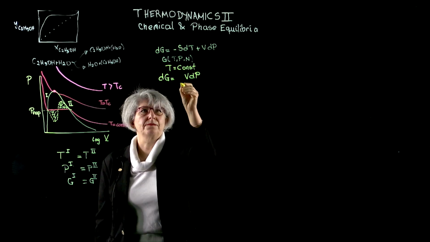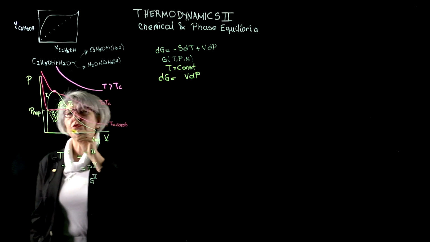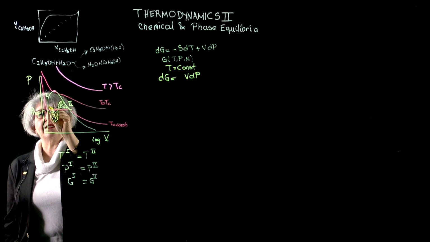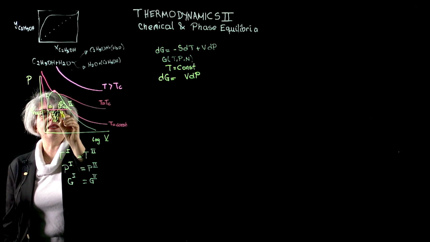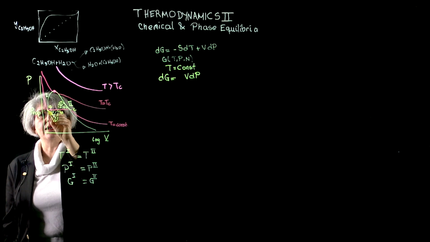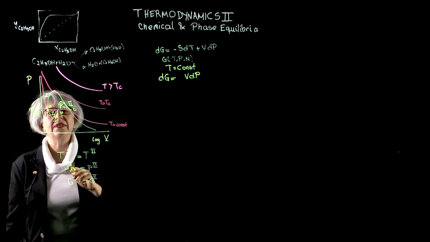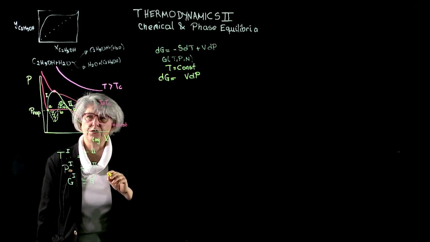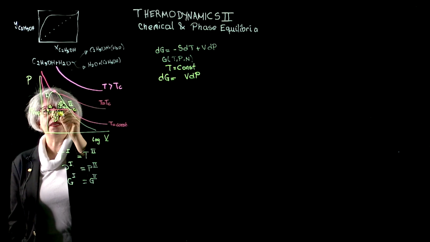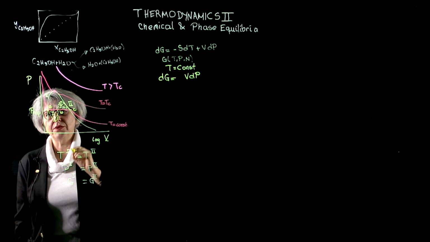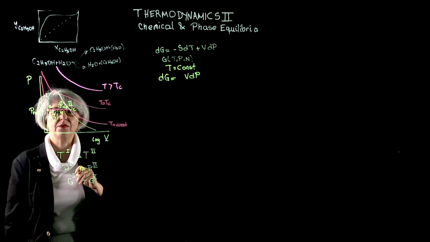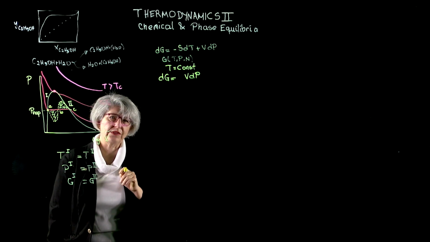All right? So I'm going to label those points as A, B, and C. A is the point that crosses the liquidus, B is the interim point, and C is the point that crosses the vapor curve.